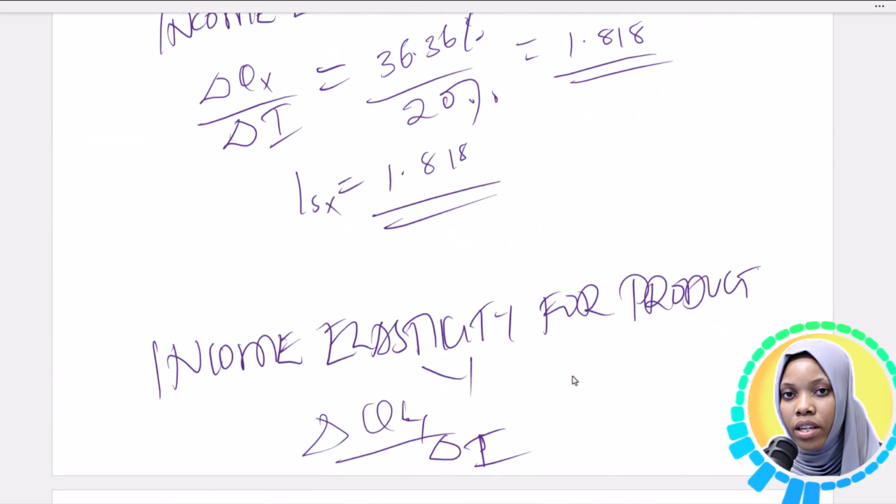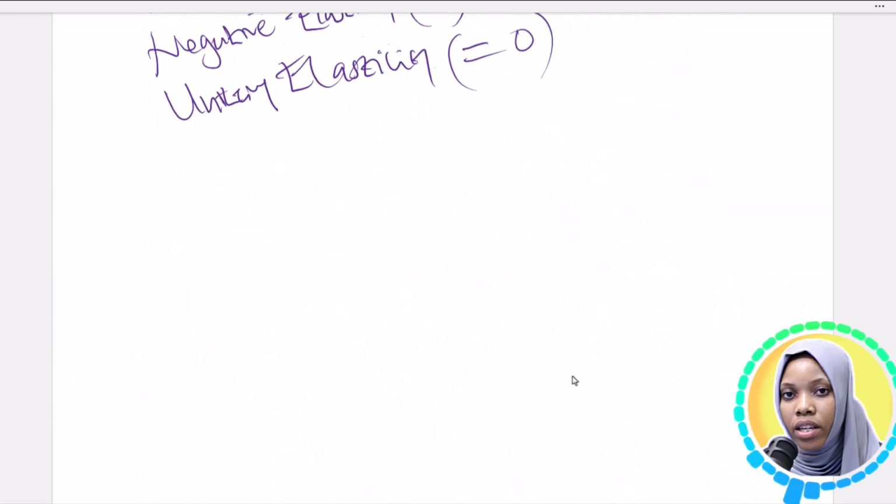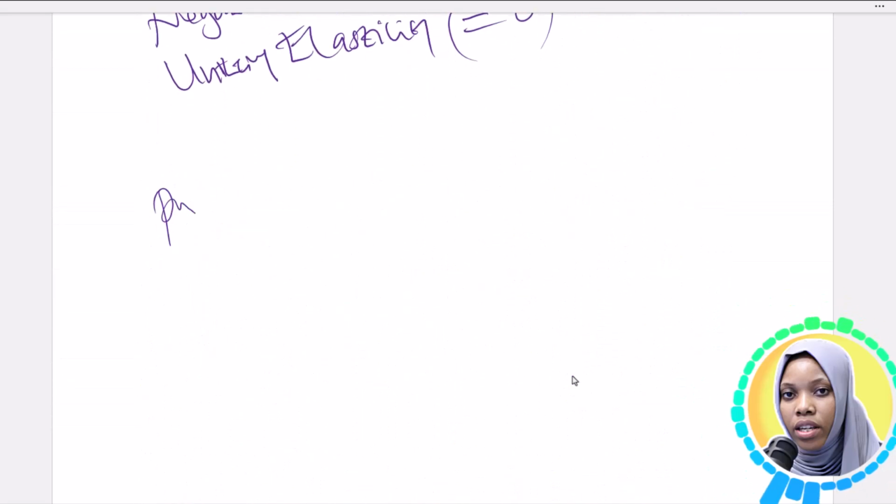So our product X, the elasticity is 1.818. It's positive, therefore it's a normal good or luxury good.